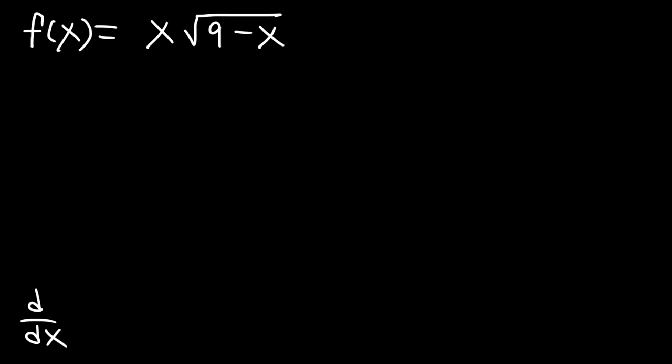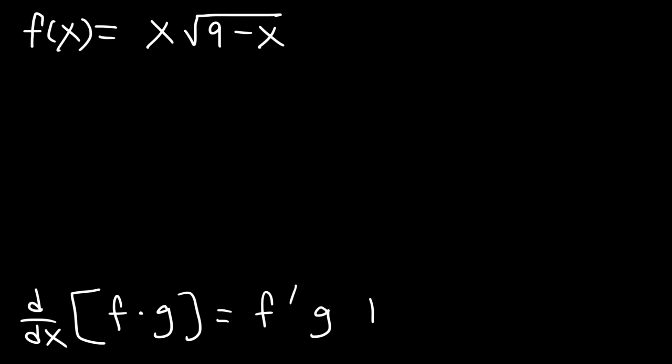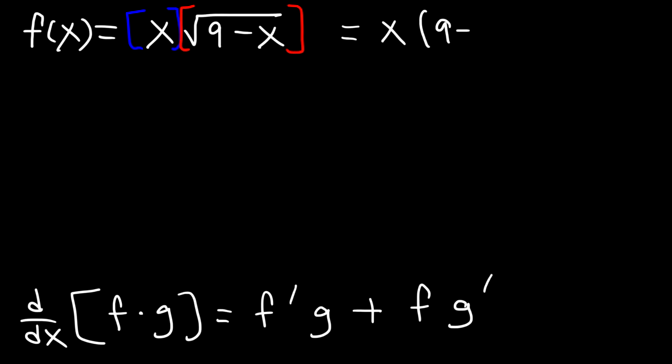And just as a reminder, the derivative of f times g is going to be the derivative of the first part, f prime, times the second, g, plus the first, f, times the derivative of the second, g prime. So in this case, we could say that f is x and g is the square root of 9 minus x. But before we differentiate it, we need to rewrite it as x times 9 minus x raised to the 1/2. So now let's begin.